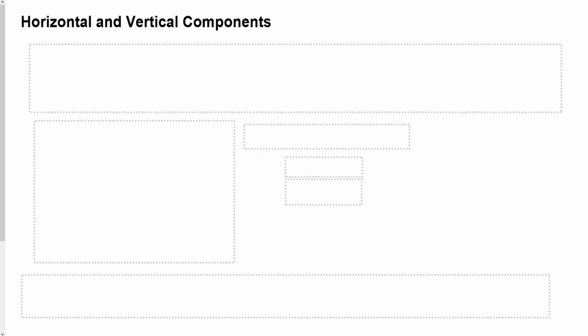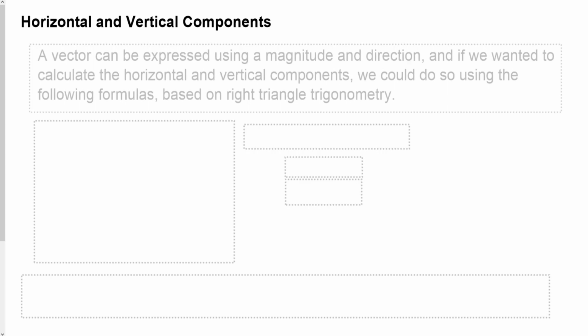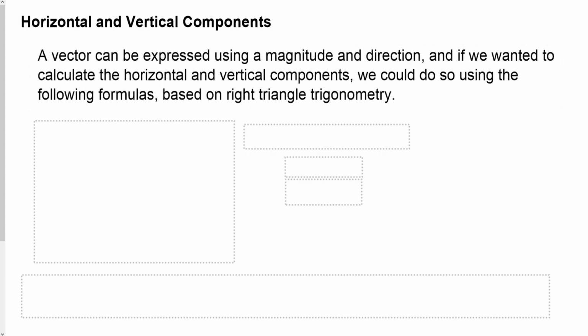Horizontal and vertical components. A vector can be expressed using a magnitude and direction, and if we wanted to calculate the horizontal and vertical components, we could do so using the following formulas based on right triangle trigonometry.